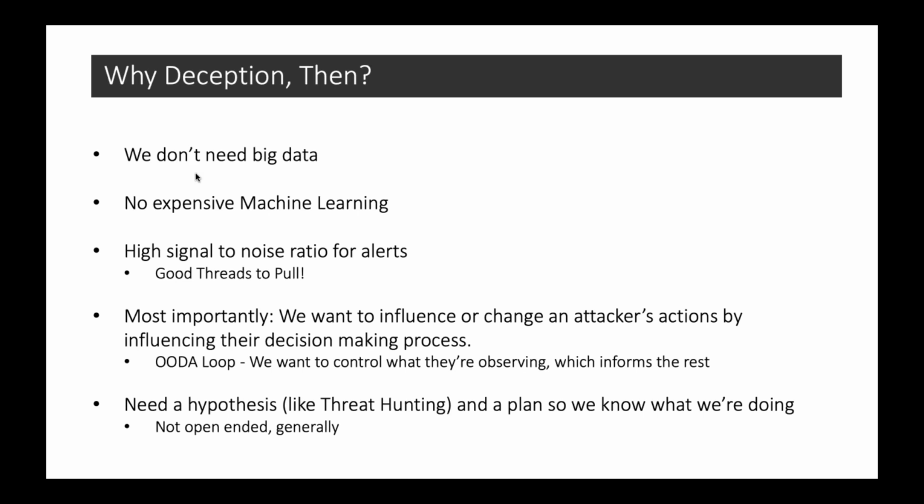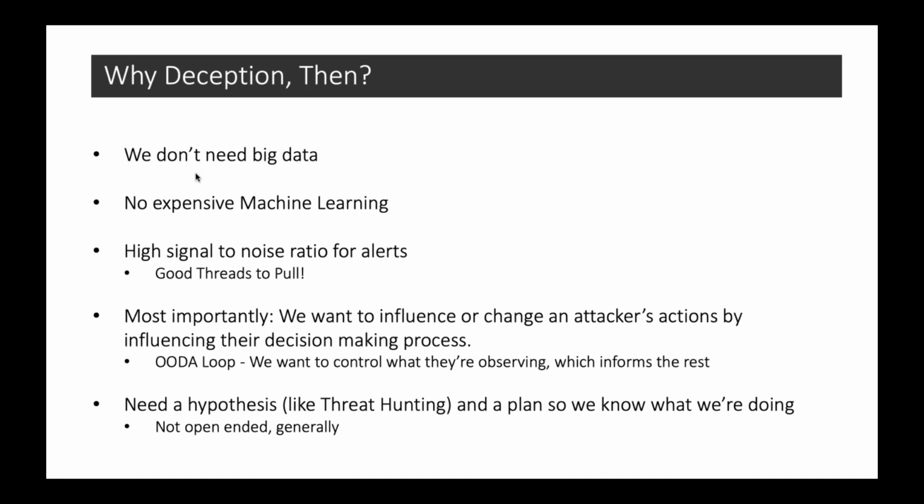The thing about deception, before I turn this back over to John for a few minutes, is we need a hypothesis, like in a threat hunt. If you're familiar with hypothesis-driven threat hunting, we formulate a hypothesis before we start looking for the bad things in the network. Similarly, in concert with deception, we formulate a hypothesis to say we might actually have a problem.